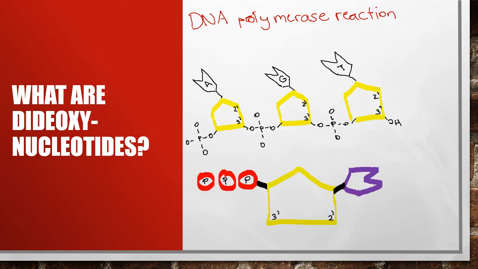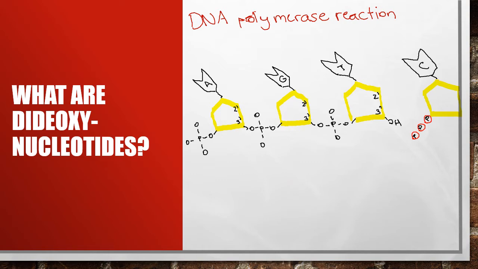Remember that a regular nucleotide has hydroxyl groups attached to the 3' end and the 2' end. A deoxynucleotide has no hydroxyl group on the 2' end, and a dideoxynucleotide has no hydroxyl groups on both the 3' end and the 2' end.